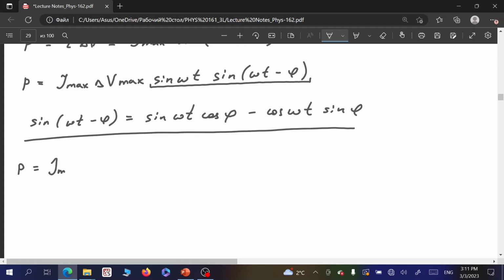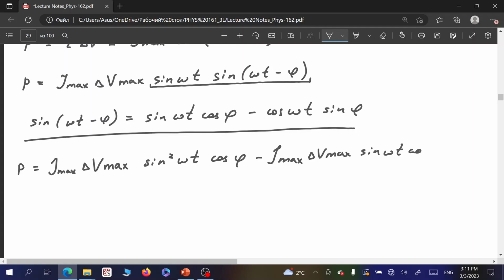It will be I maximum times delta V maximum times sinus square omega t cosinus phi minus I maximum times delta V maximum times sinus omega t times cosinus omega t times sinus phi.